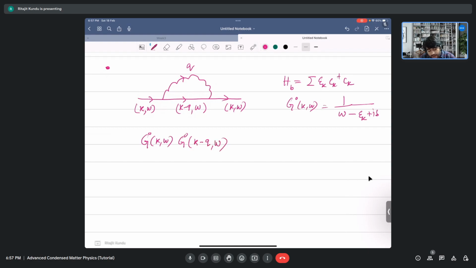And this one is also G naught of k and omega. We have not finished, so we have to write for this line as well. This line is just V of q.